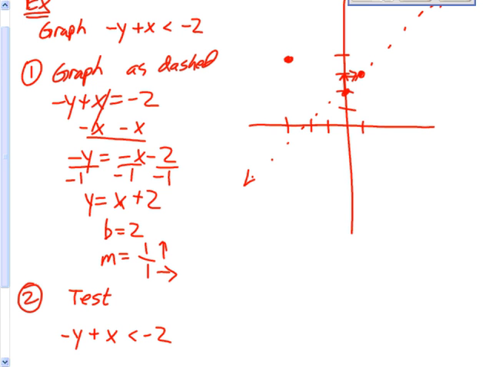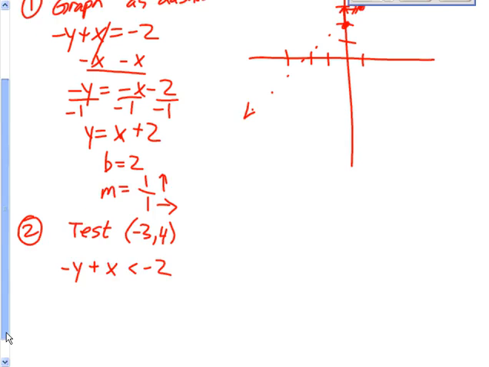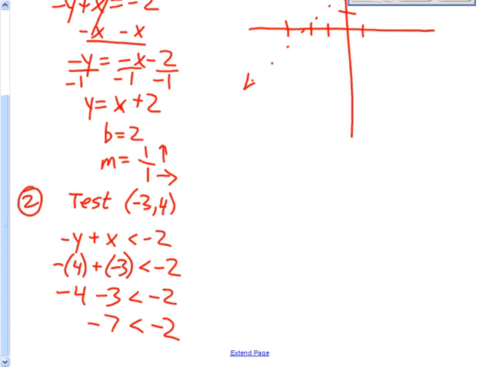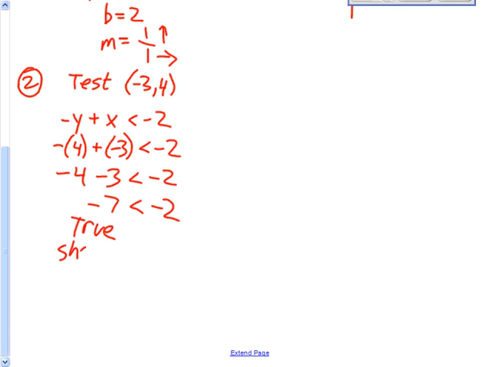Let's pick one on this left-hand side here, just to change it up a bit. So negative 3 goes in for my x, 4 goes in for my y. So we got negative 4 minus 3 is negative 7, less than negative 2. So that's true again. Okay, so I shade the same side.